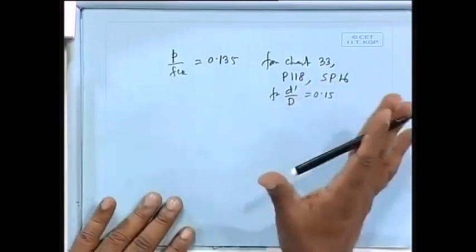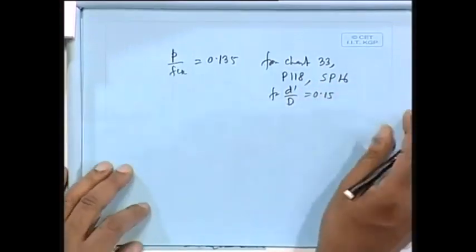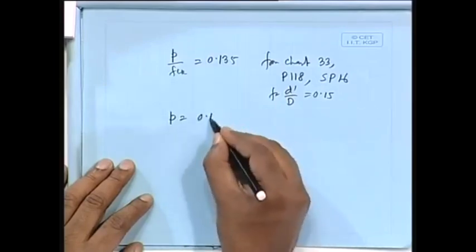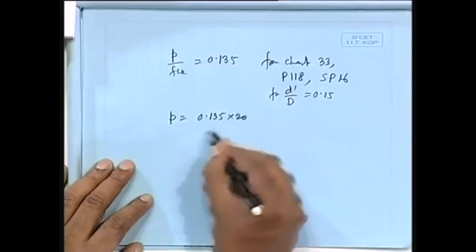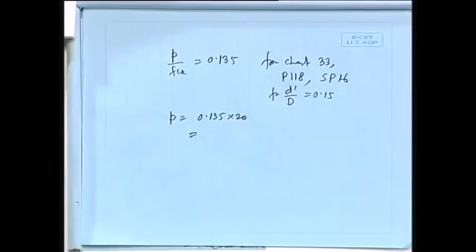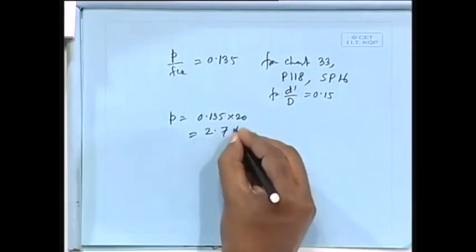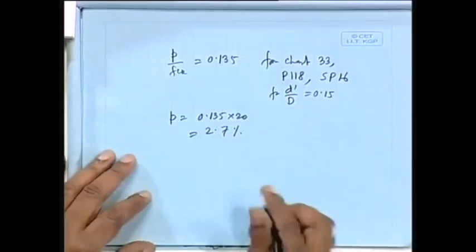I am not doing any interpolation, so I am a little bit on the conservative side. So p equal to 0.135 times 20, so 2.7. Okay, I am happy, at least it is less than 3%.